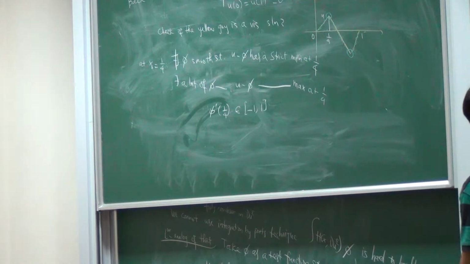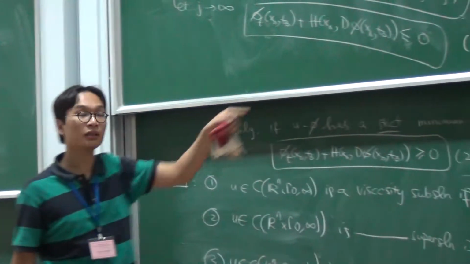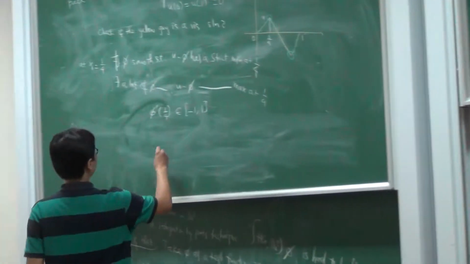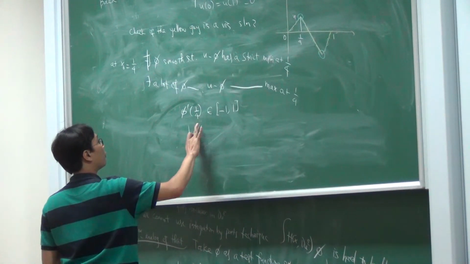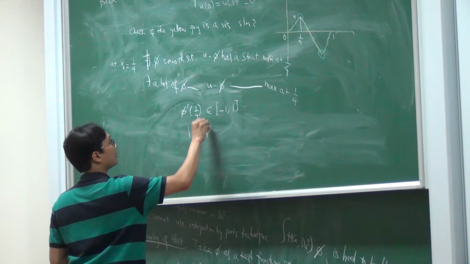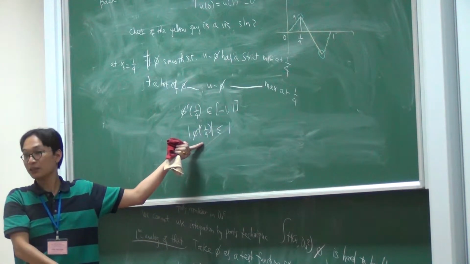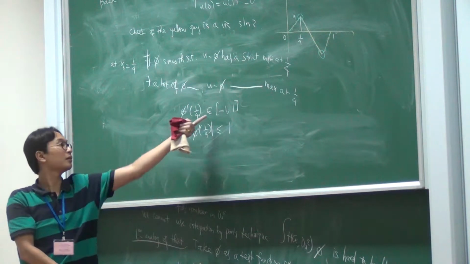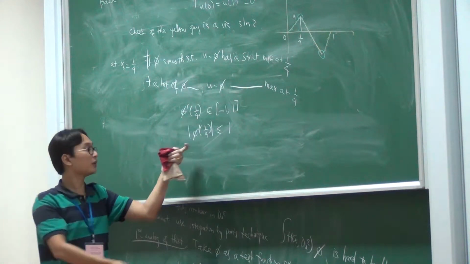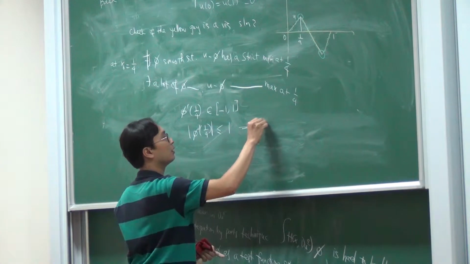I need to have this inequality also. So I need to have phi prime of 1/4 less than or equal to 1. Is that correct? It is correct, because it's between -1 and 1.